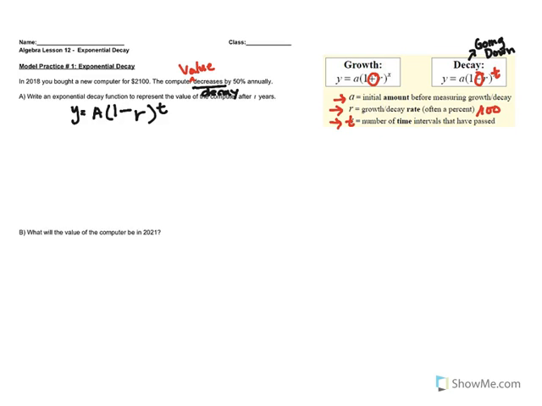So now my initial amount is whatever my computer was initially worth, which was $2,100. My rate at which it is going down is 50%.